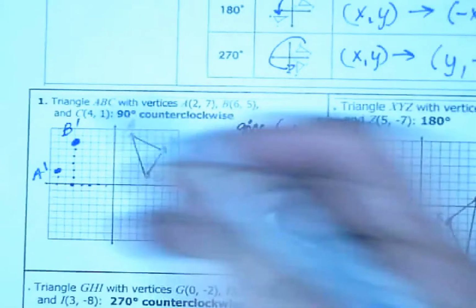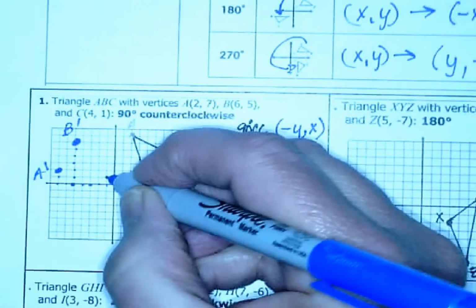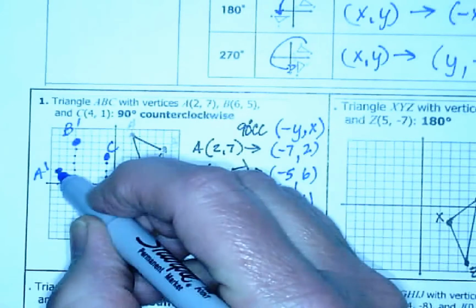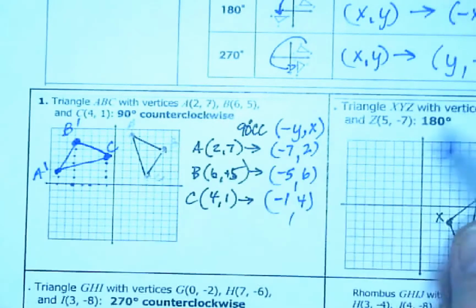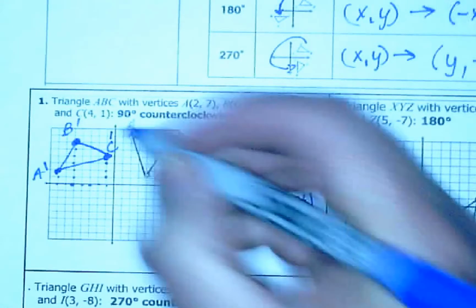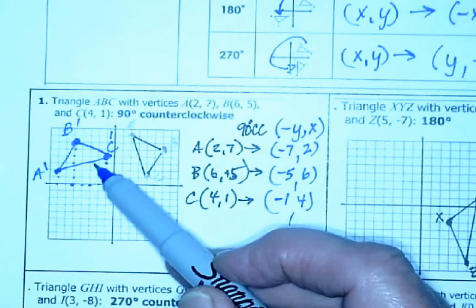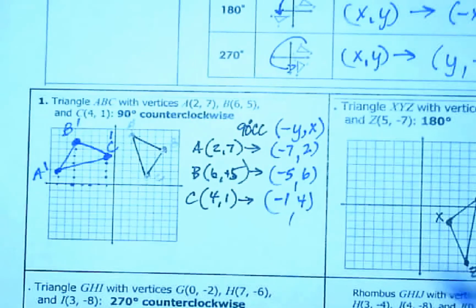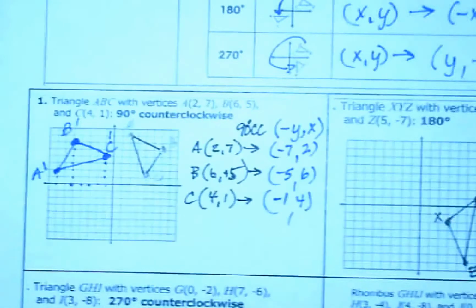There's my new B. And C is now going to be at (-1, 4). Then I complete that triangle. This is my pre-image. This is my image after I've rotated this shape 90 degrees counterclockwise. It's not a difficult calculation to make. You just have to be very methodical and go through it.